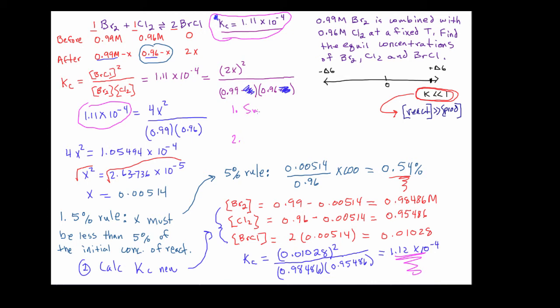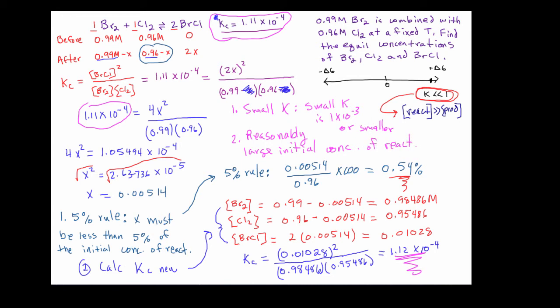You need a small k value, and usually what I tell my class is that small k is any value that is 1 times 10 to the minus 3 or smaller. Okay, and the second thing you've got to have is a reasonably large initial concentration of reactants.